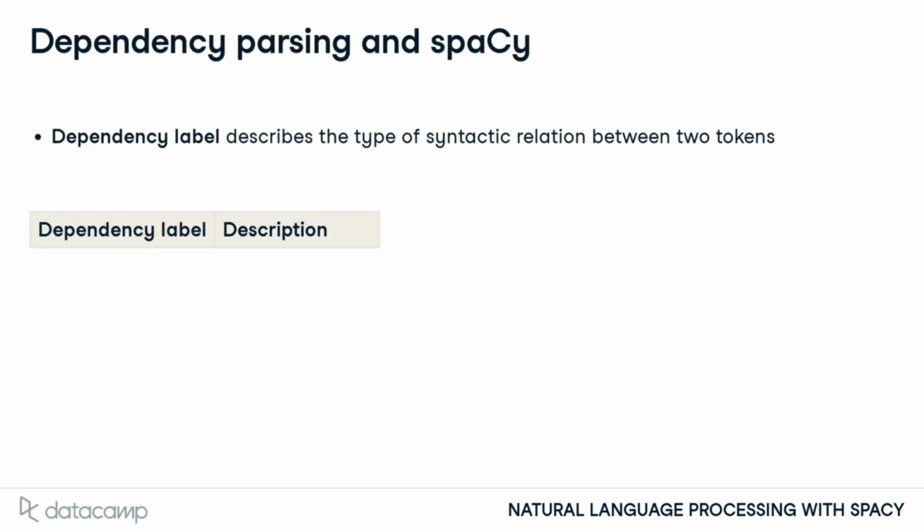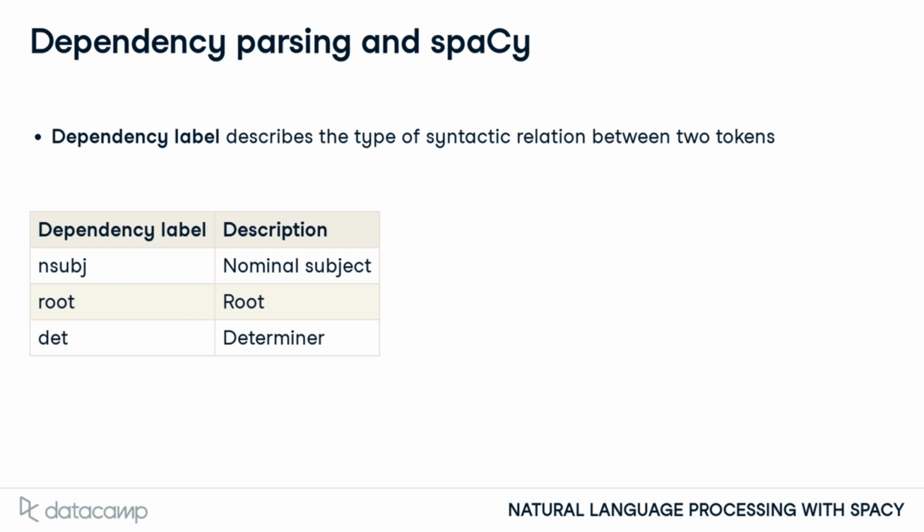A dependency label describes the type of syntactic relation between two tokens. A few of the most common dependency labels are provided in the table, such as nsubj or nominal subject, root, det or determiner, dobj or direct object, and aux or auxiliary.